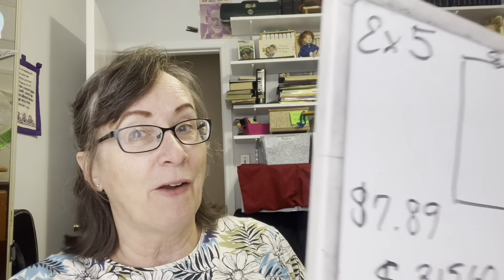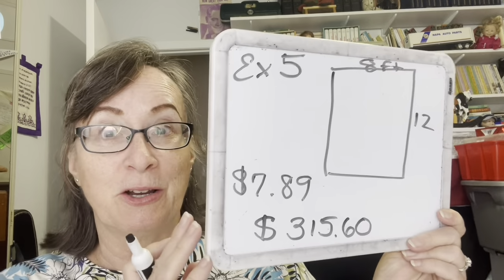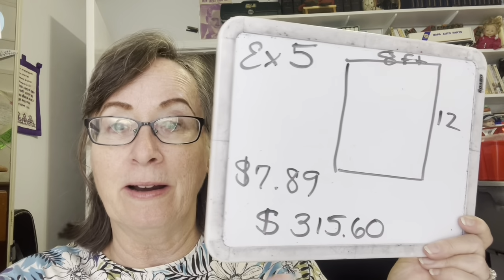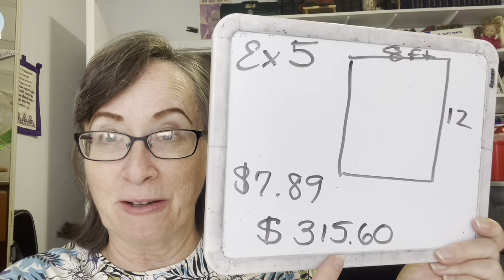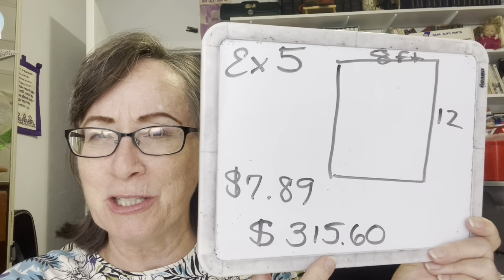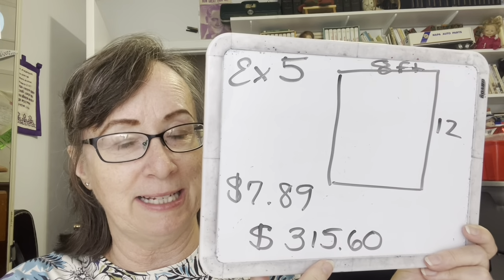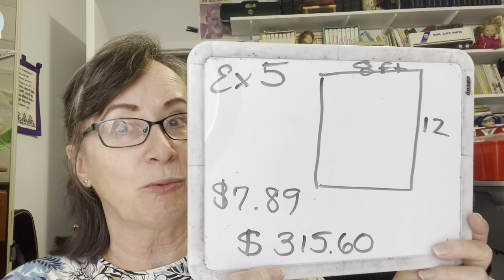The installed tile is $7.89 per square foot. Ivan calculates that the cost of the floor is $315.80. Is Ivan's calculation reasonable? Okay, now, are they asking us to do all that math, or are they saying that Ivan already did the math? Okay, so we're just going to estimate to see if his price is reasonable.